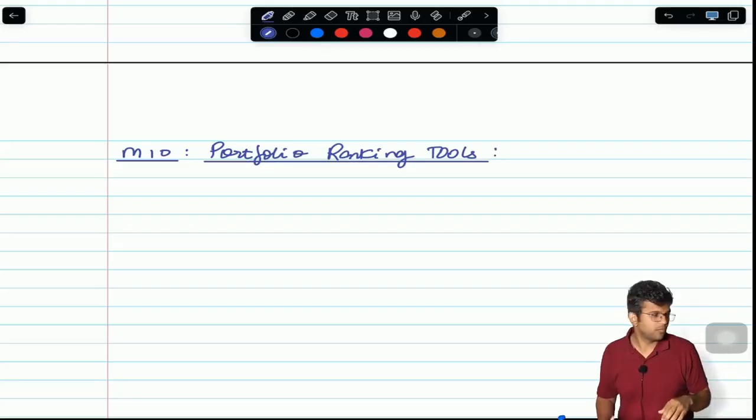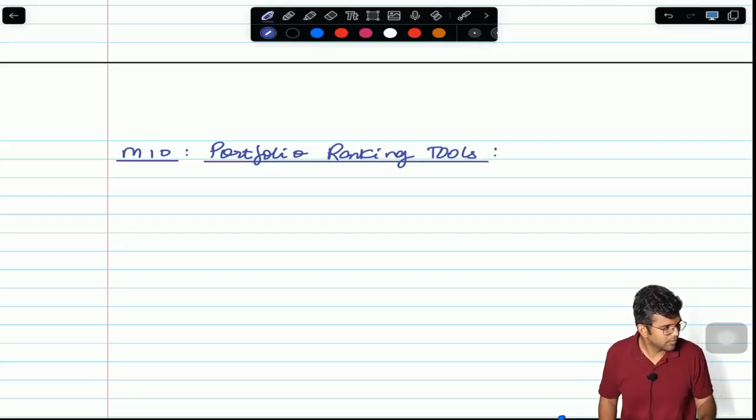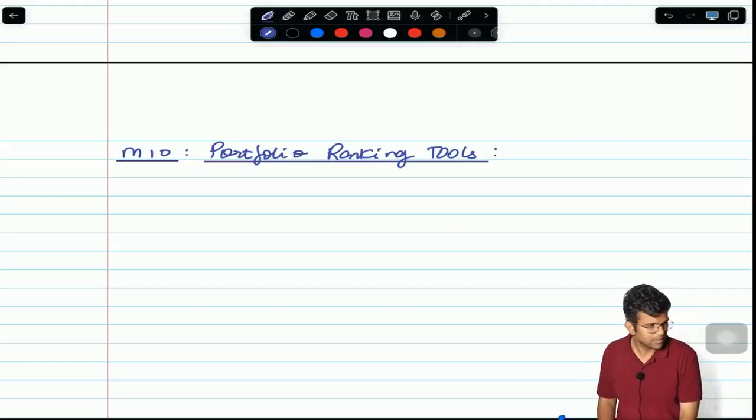Please write down Portfolio Ranking Tools. All done? Portfolio ranking tools.